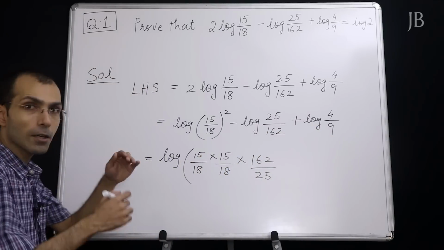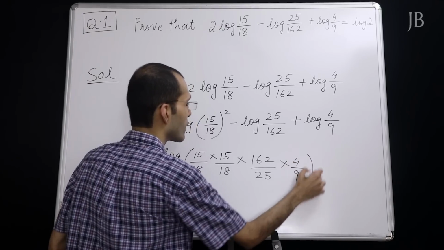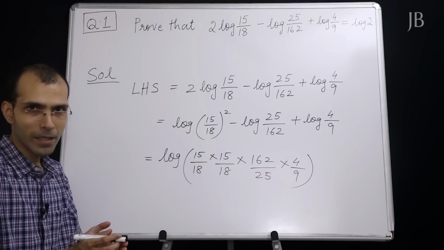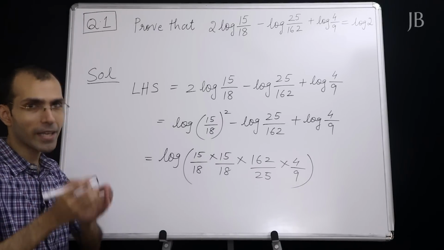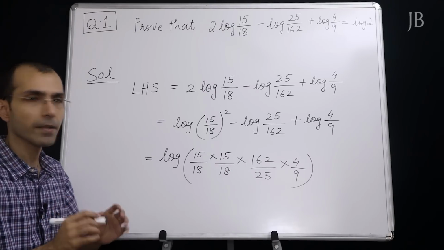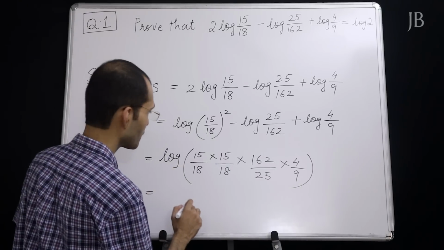So that will become into 4 by 9. So plus will become into: log a plus log b is log of ab, and log a minus log b is log of a by b, not log a upon log b, log of a by b. Now we will need to simplify this.